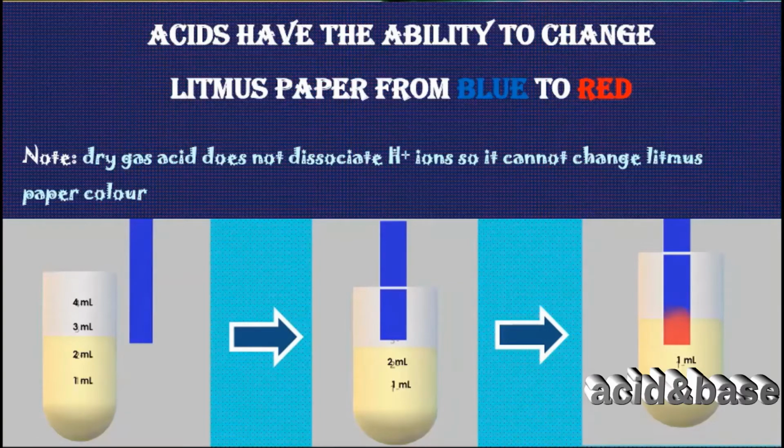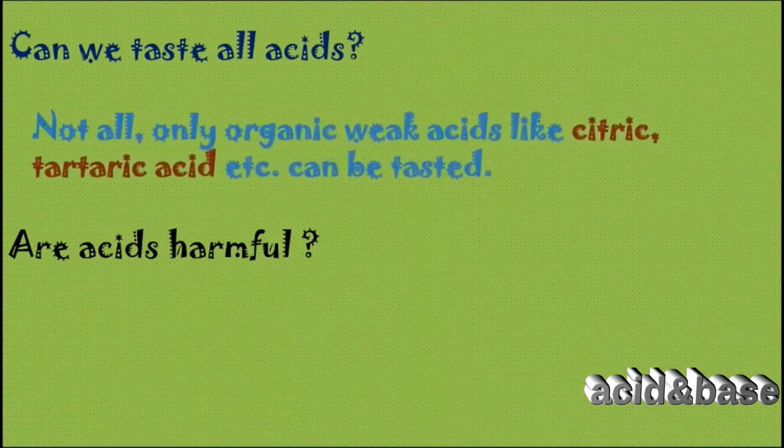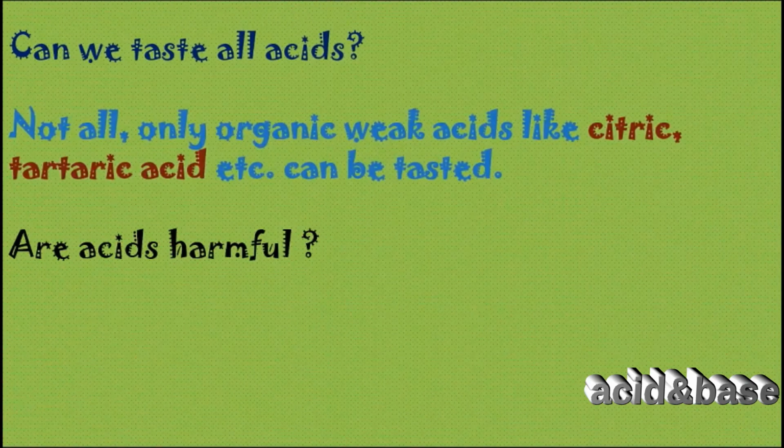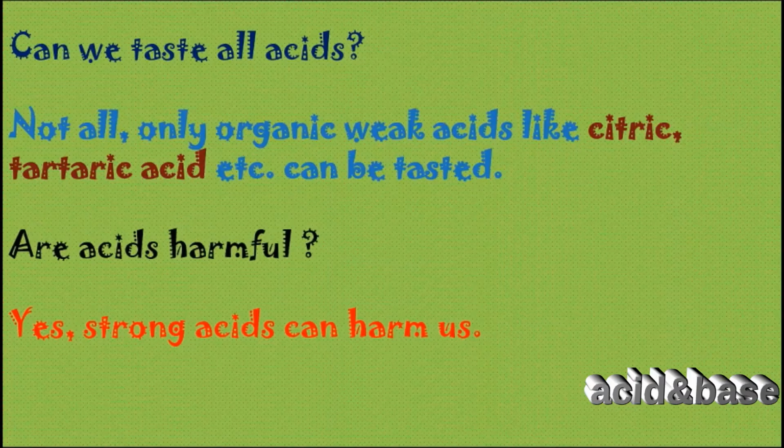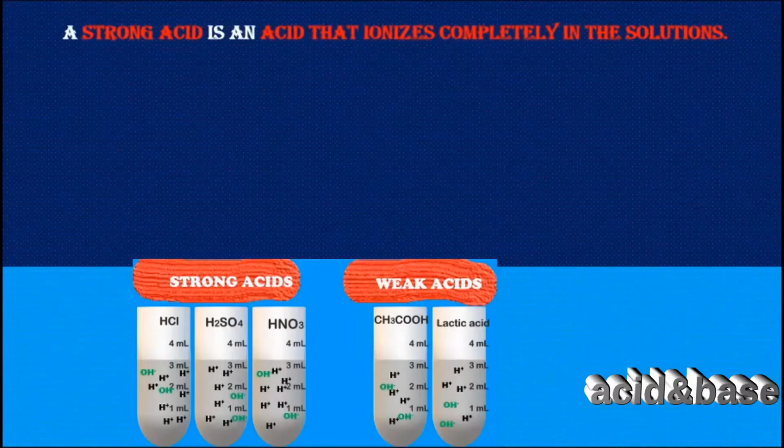Can we taste all acids? Not at all. Only organic and weak acids like citric acid, tartaric acid, etc. can be tasted. Are acids harmful? Yes. Strong acids can harm us. Hence, they should be handled carefully. A strong acid is an acid that ionizes completely in solution.